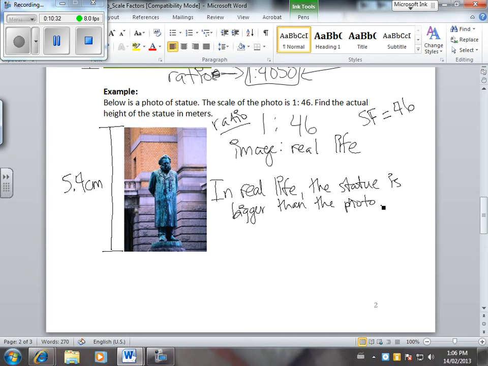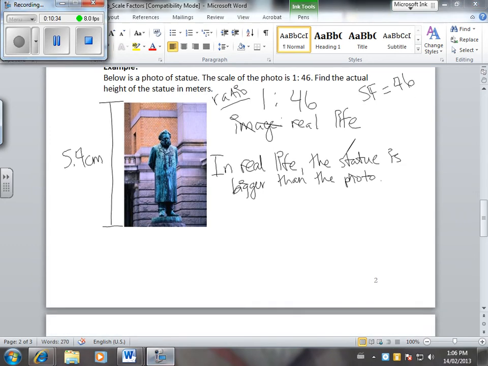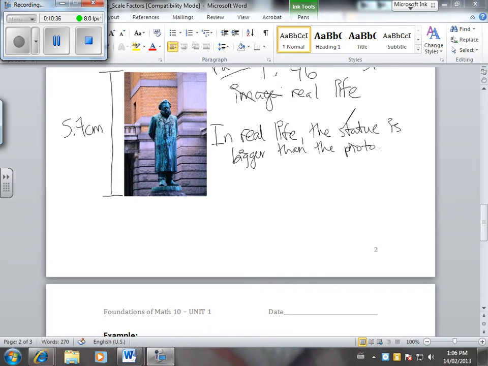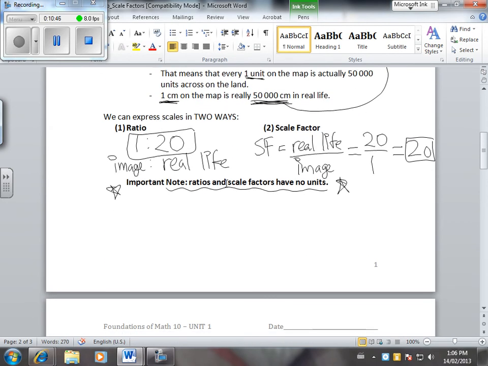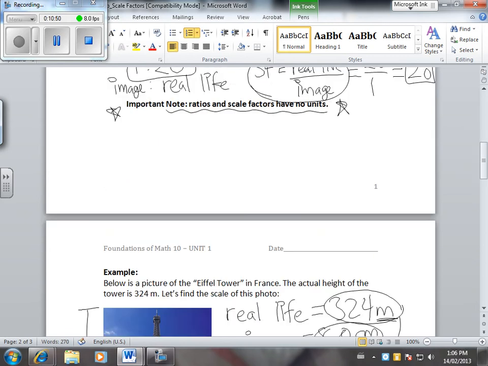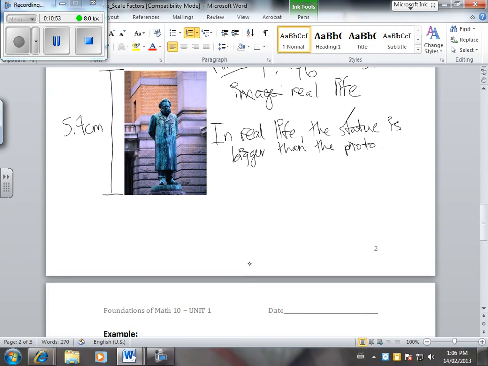Okay, so if we use scale factor, if you look back here, scale factor equals real life over image. So let's rearrange this. Scale factor equals real over image. To get real all by itself, we use our algebra. We'll multiply both sides by image.